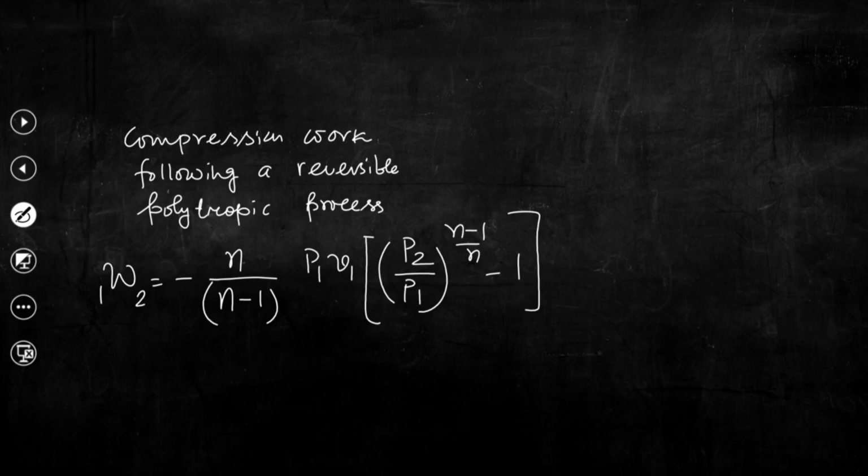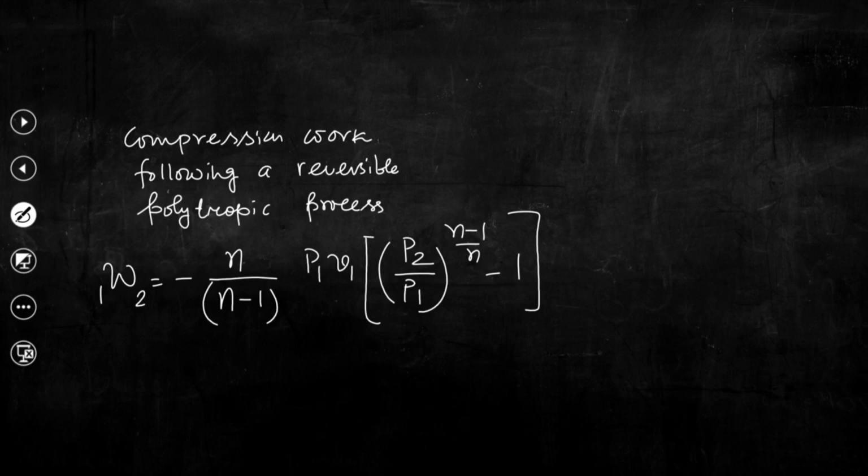This negative sign, as I said, is basically an indication of work input to the system, following the notation that we wrote in the last class, that work added to the system is negative, work extracted from the system is positive.